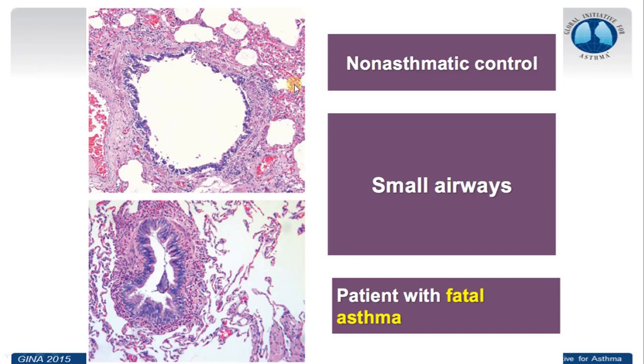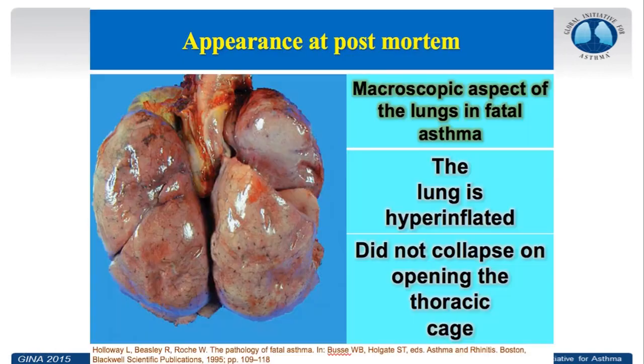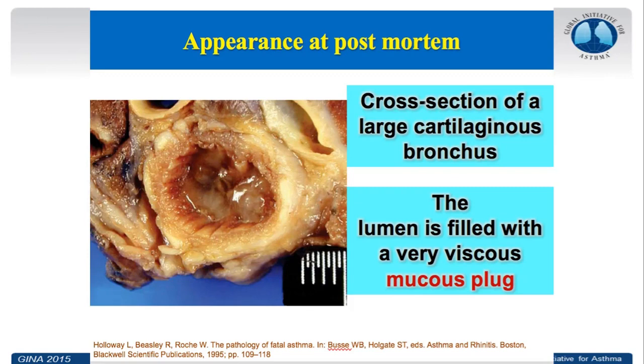As we see here also, in a patient with a small airway, there is narrowing of the bronchial airway diameter. In a postmortem appearance, after removal of the lung, the lung is hyperinflated and didn't collapse on opening the thoracic cage because of hyperinflation. In a cross section, the large cartilaginous bronchus is filled with a very viscous mucus plug.